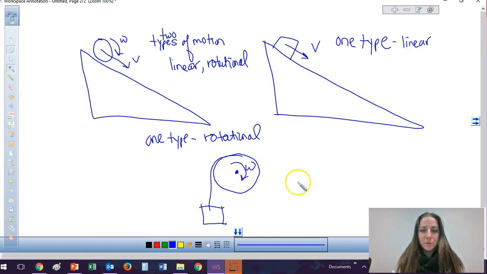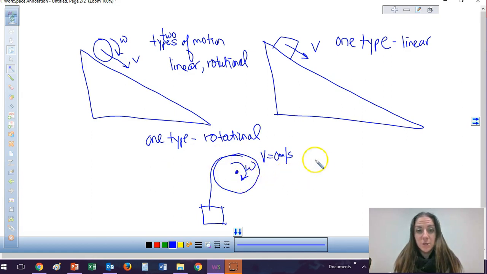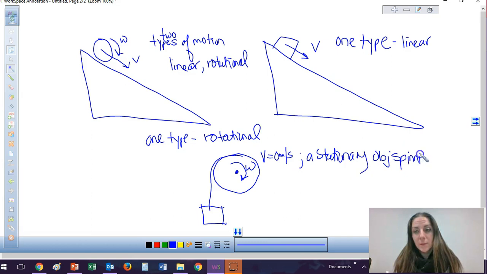But the pulley isn't moving forward or backward, so the velocity of the pulley linearly is zero. We'll just say that for now, just the pulley. So you can have just rotational, like a stationary object spinning, basically. Now, if we talk about places on this, that definition will change, but for the most part, we'll just go with this, just to show you some examples of the different types of motions that can exist.